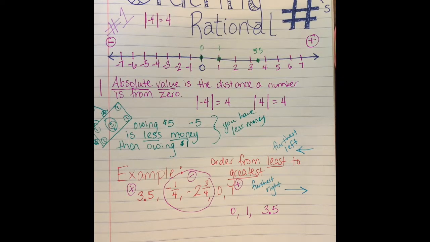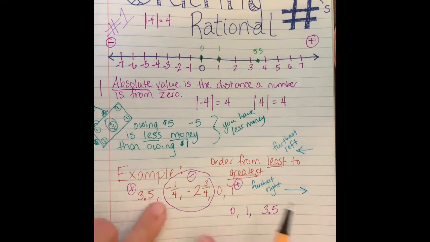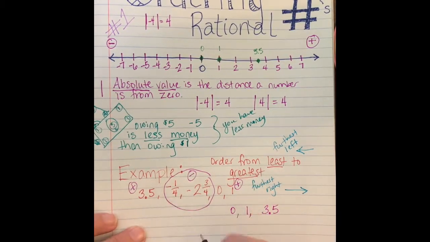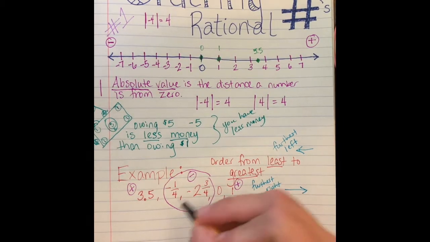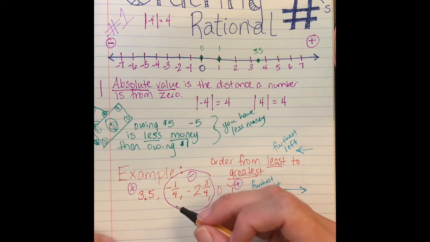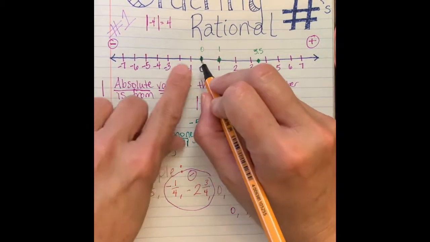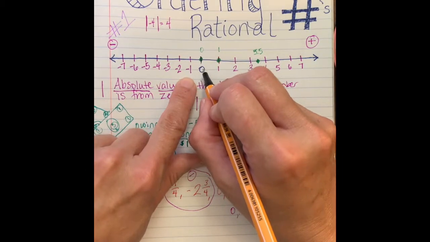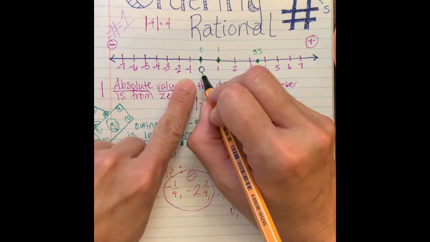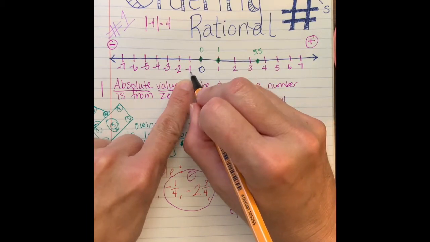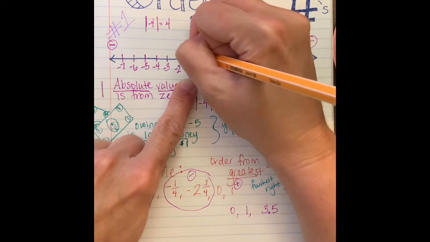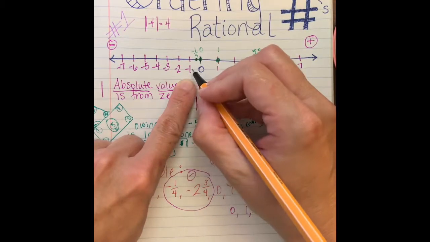So now that I've dealt with 0 and my two positive numbers, I'm going to think about my negative numbers. -1/4, it's a quarter, right? And the first thing we think about is if this were positive, what would 1/4 be in between? Well, it would be in between 0 and 1. So -1/4 is going to be in between 0 and -1. And then I'm going to ask myself, which one would it be closer to, 0 or -1? Well, it would be closer to 0, right? Because it's about a quarter of the way. So that right there is -1/4.